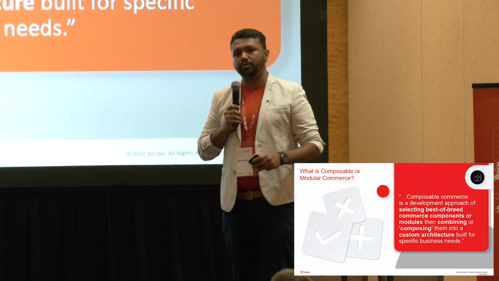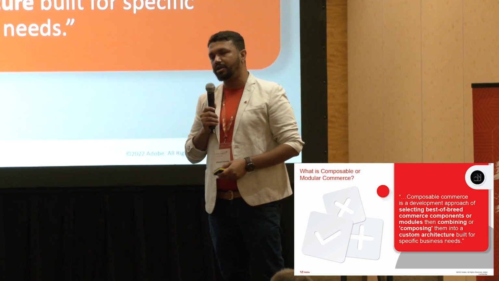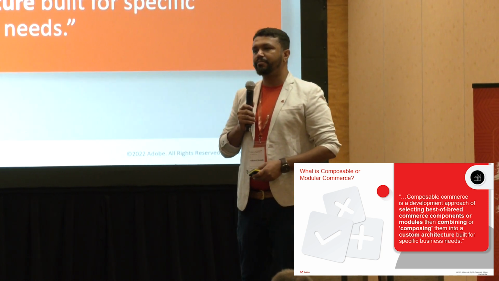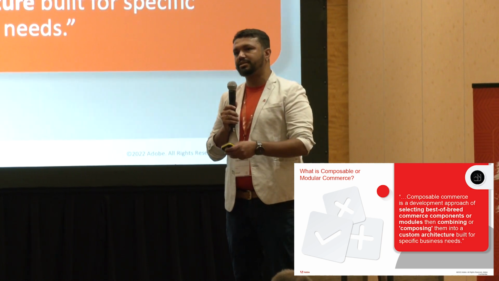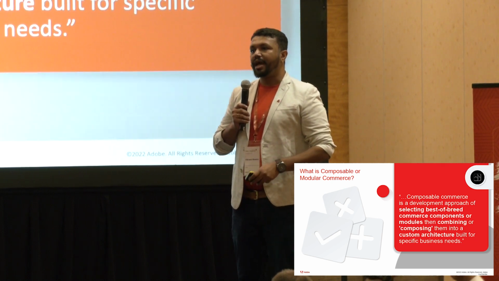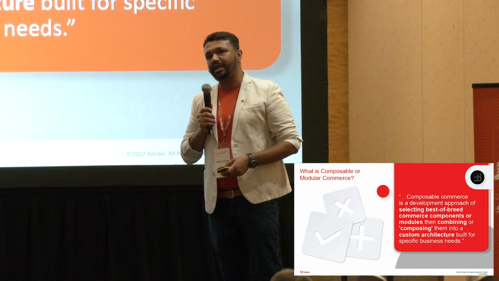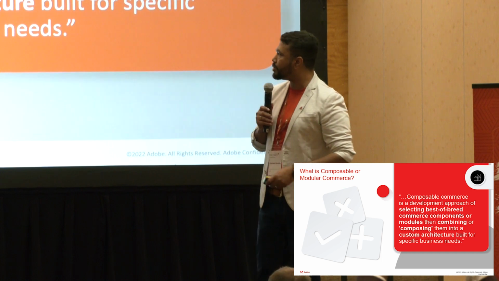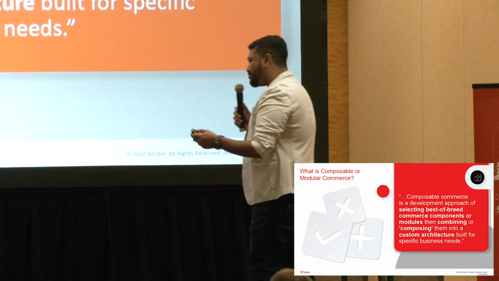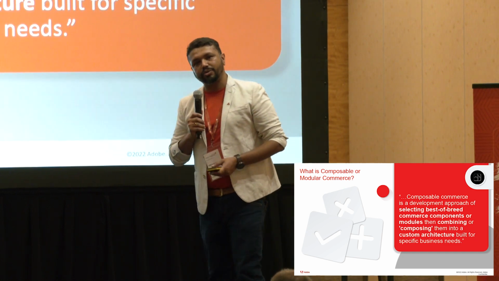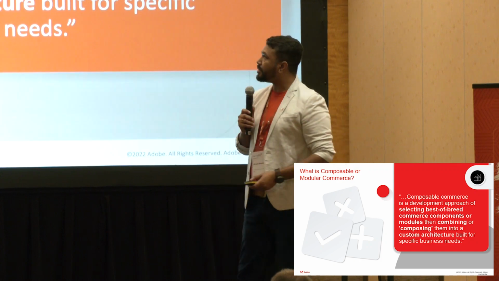For example, if you want to implement search in your e-commerce, you may be looking at a search engine which does only search. Similarly for a cart, you may be looking at a best-of-breed cart solution, and so on and so forth. And then combining them to meet a business need for yourself or for your customer.